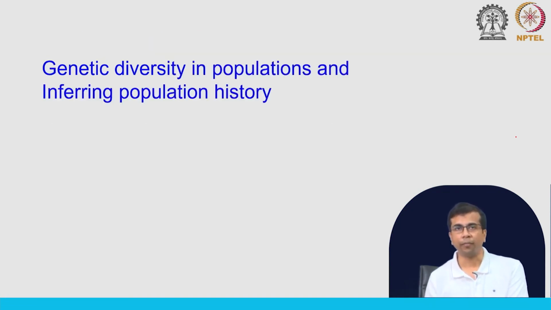Another application of variant calling is that we can study genetic diversity in populations, and we can infer population history, how the population has evolved, what kind of changes have happened, and we can also associate them with certain events in history. For example, we can study population migration through different continents when you study this genetic diversity. We will not go into it, but you can of course explore more about this.